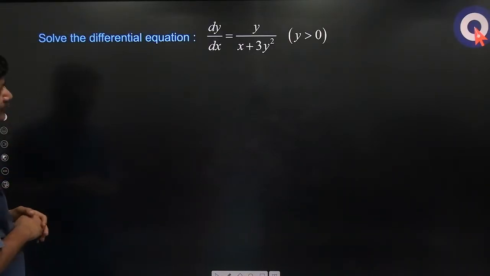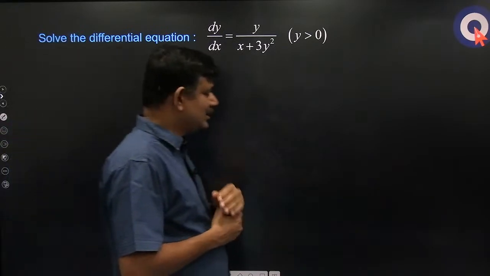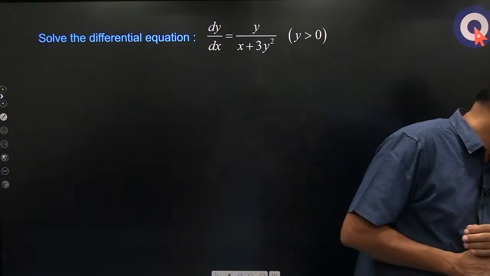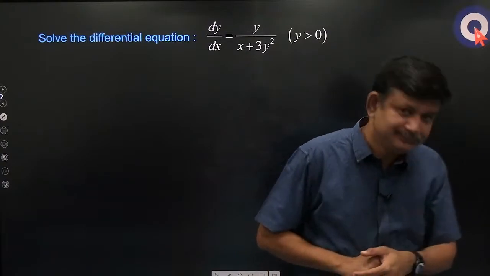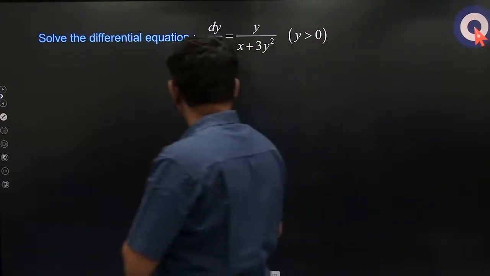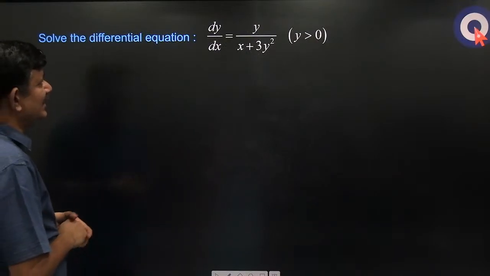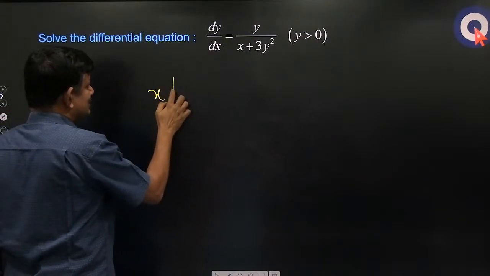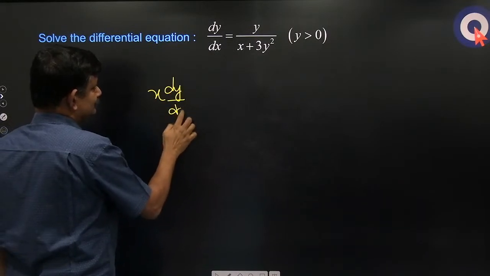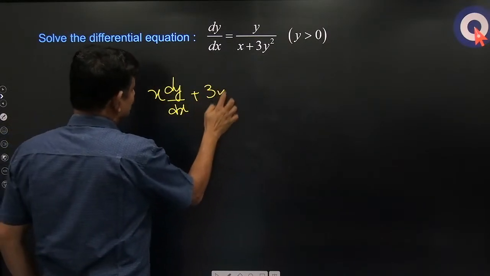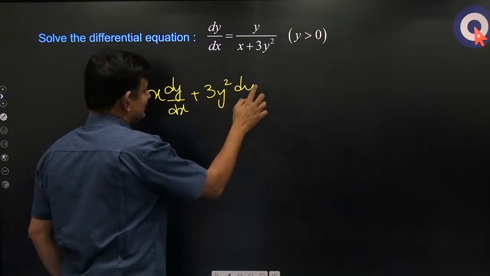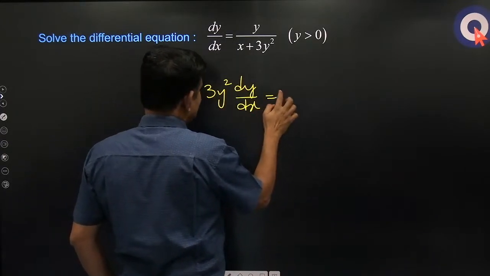This is pretty simple. Let us look at this. This is again not looking like homogeneous, neither looking like linear. So what to do with this? Just segregate terms. x dy by dx plus 3y square dy by dx is equal to y.